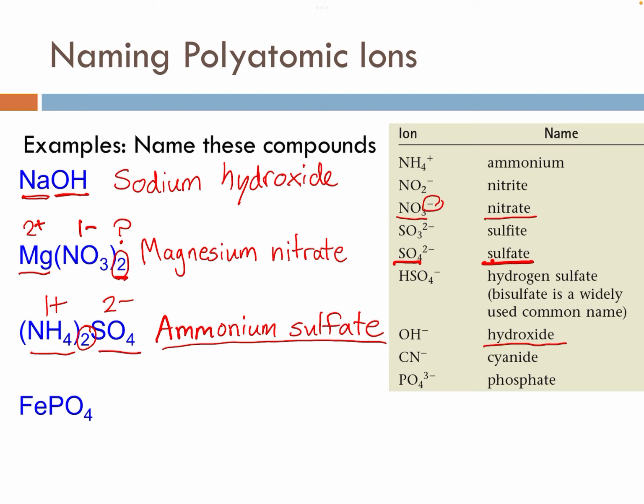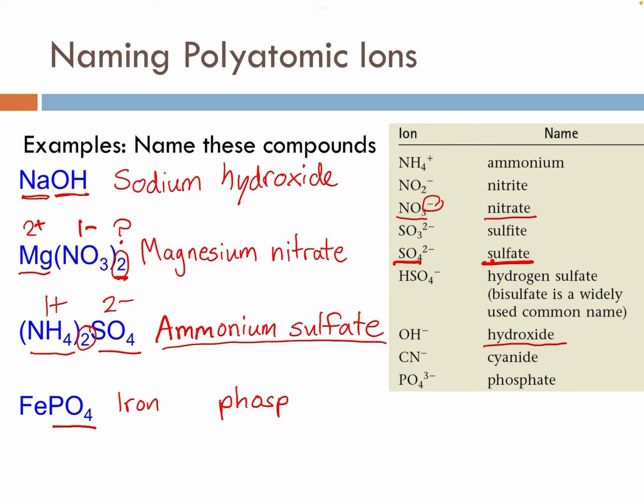Now this last one is one where I do need to show something because iron is one of those transition metals. Iron can have a charge of 2 or 3. It can lose 2 electrons or it can lose 3 electrons. How do we know which one? Well, we can actually use that chemical formula here to tell. So we're bonded to a phosphate. We have iron, some charge, we don't know yet, bonded to a phosphate.